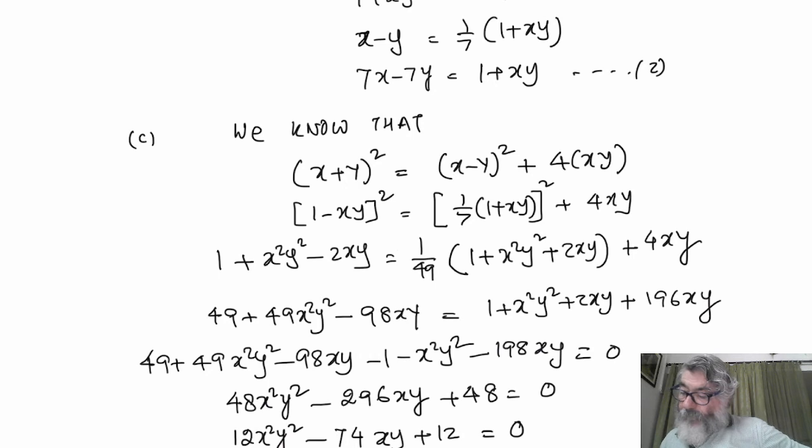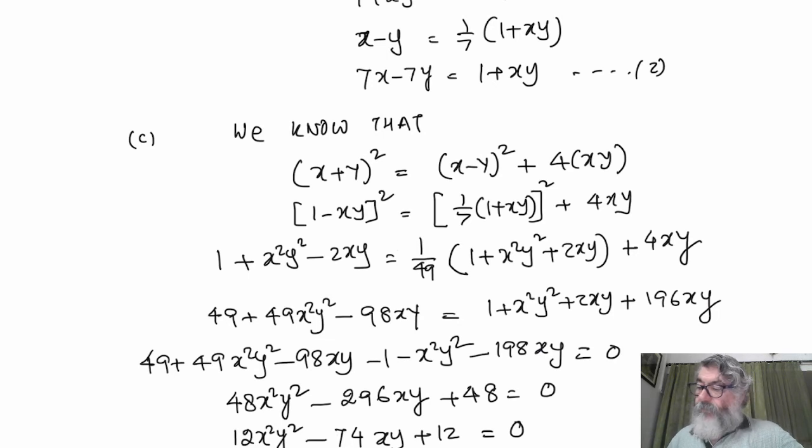Now how will we divide it? Okay, let's divide by 2. 2 6 are 12, x square y square minus 2 3 are 6, 2 7 are 14, xy plus 6 is equal to 0.